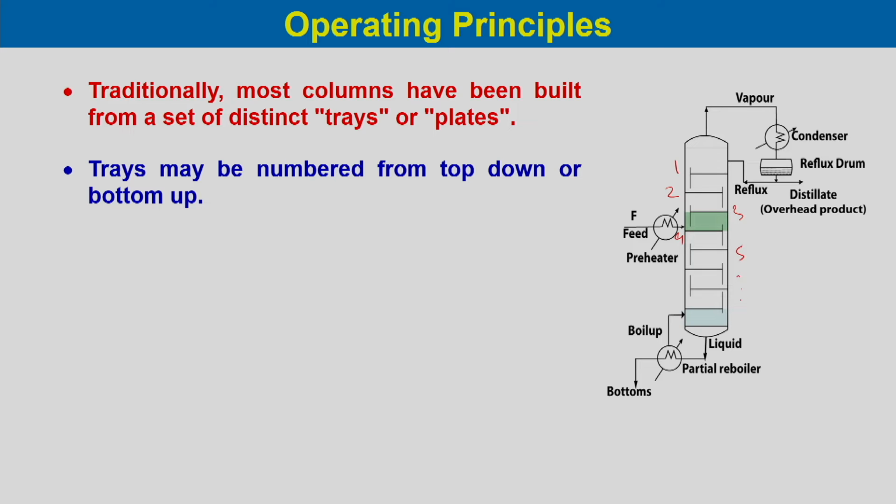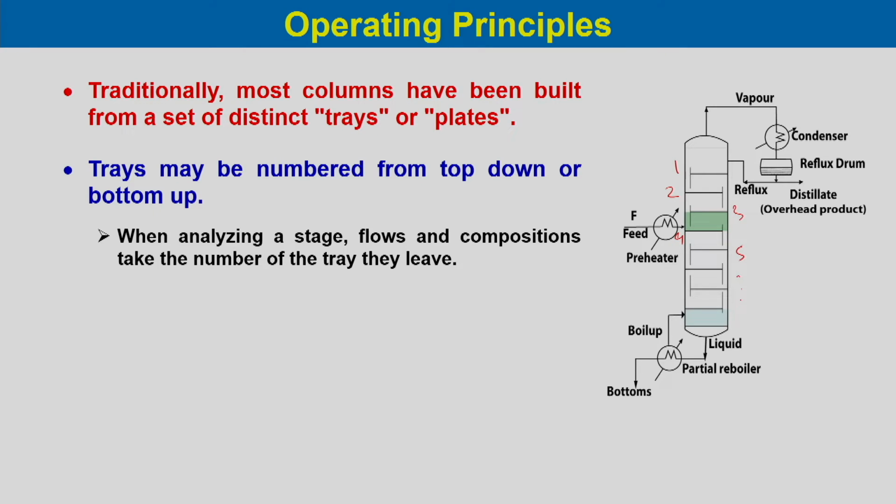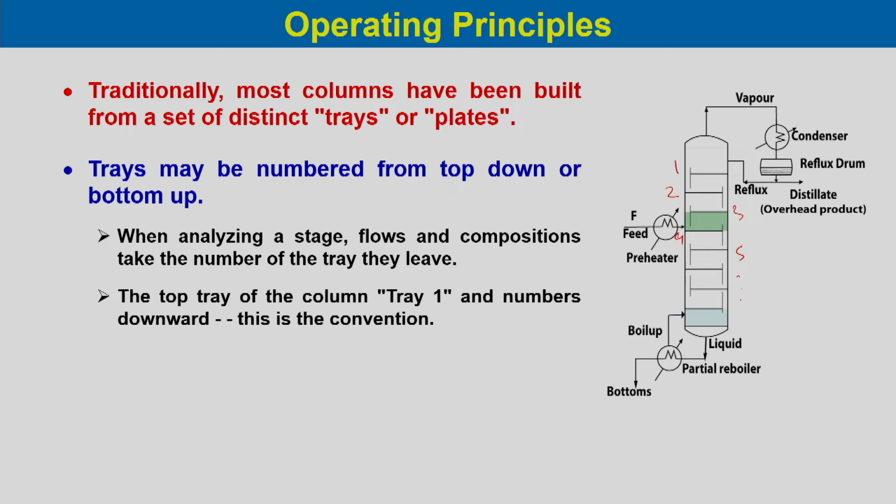So, either you can number from top or you can number from bottom. When analyzing a stage, flows and compositions take the number of the trays they leave. The top tray of the column is tray 1 and numbering goes downwards; this is the general convention.